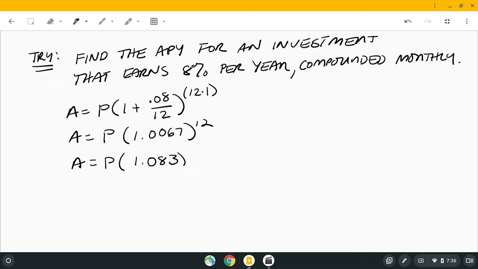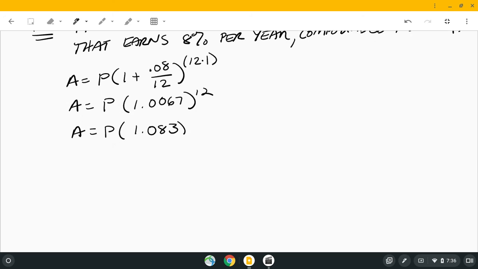Okay, and so now we take this, set it equal to the simple interest formula.